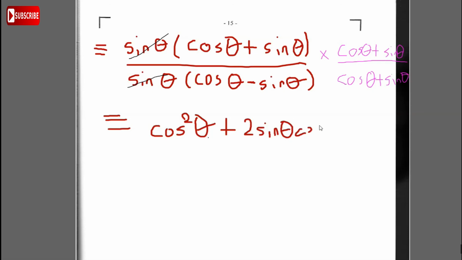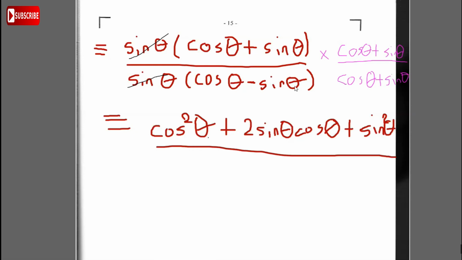And then you're going to have sine theta times sine theta, which is sine square theta. Good. And then in the denominator, it becomes the difference of 2 square. Cos theta minus sine theta times cos theta plus sine theta. That's the difference of 2 square, so it becomes cos square theta minus sine square theta.